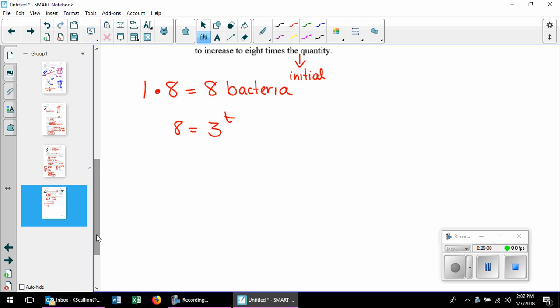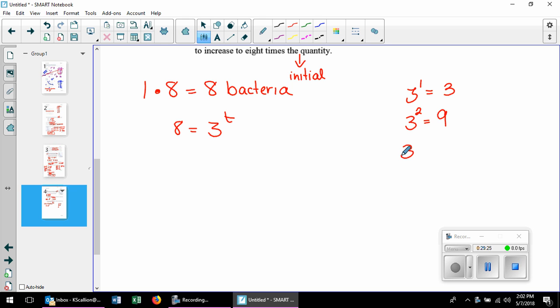Again, if we have logarithm knowledge, we can solve this, but if you don't have logarithm knowledge, you're stuck with guessing and checking. Okay, so with that being said, I know 3 to the exponent 1 is 3. I know 3 to the exponent 2 is 9. Am I closer to 2 or am I closer to 1? 2. So now I'm going to back it up a little bit.